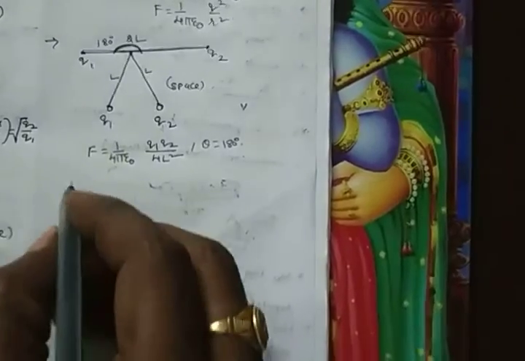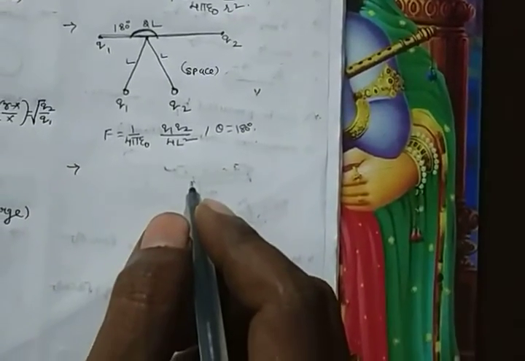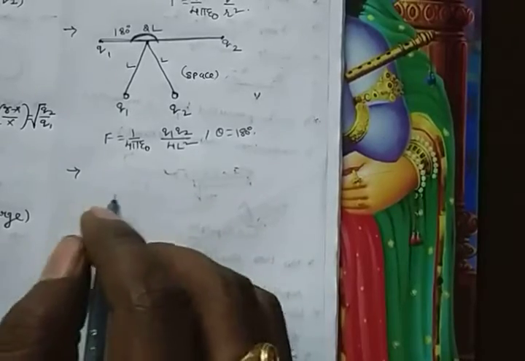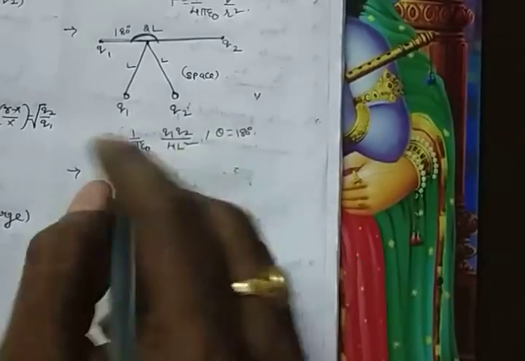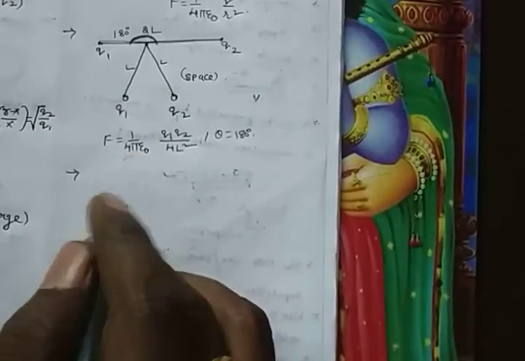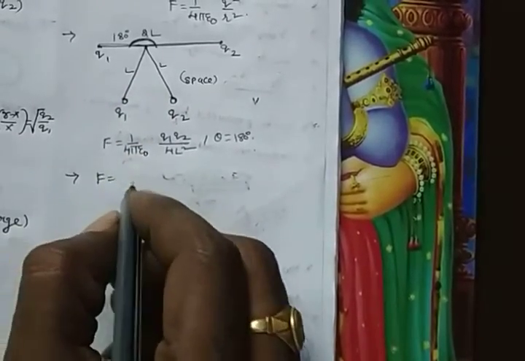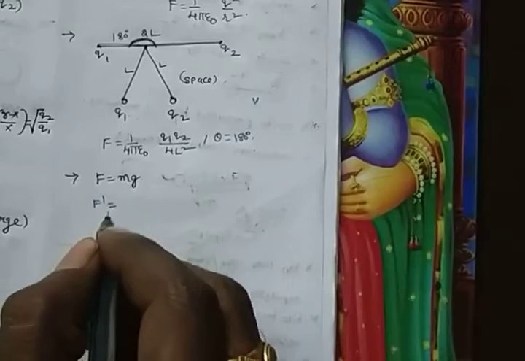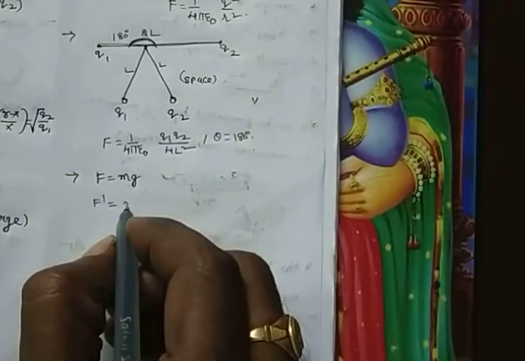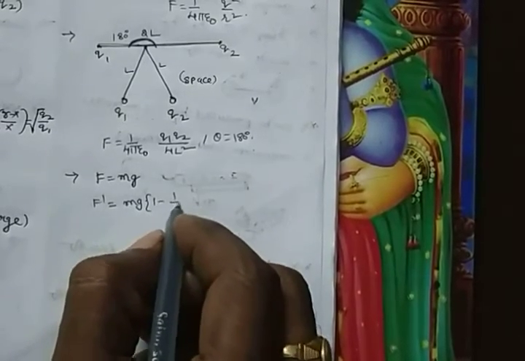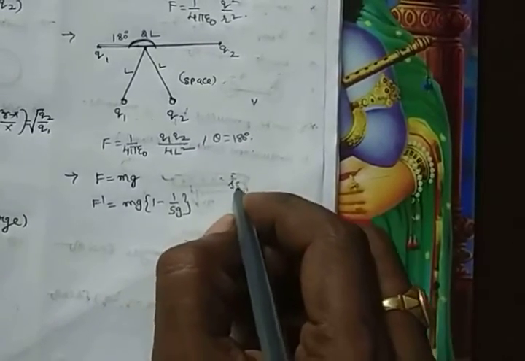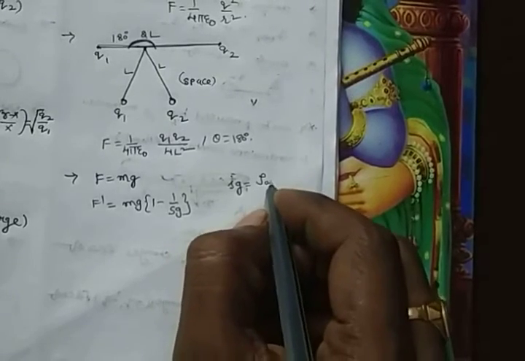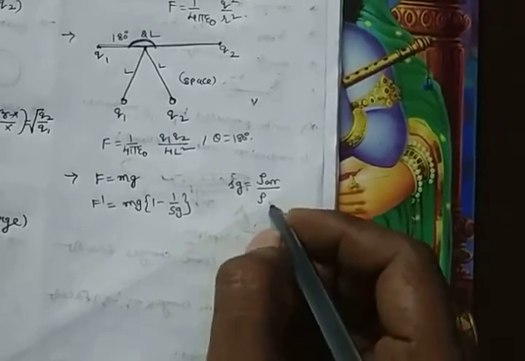Also, if the system of charges is balanced by mg, and now the system of these two charges is placed in a liquid or medium, then there exists a buoyancy force, 1 minus 1 by specific gravity. Do you know that or not? Specific gravity is equal to density of the body in air by density of the body in water.